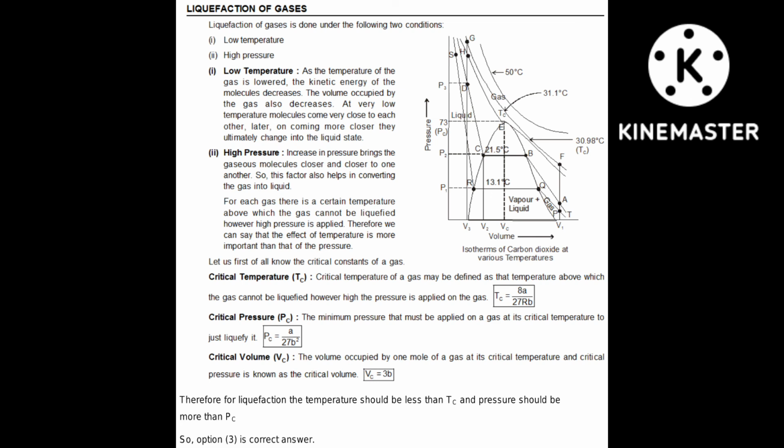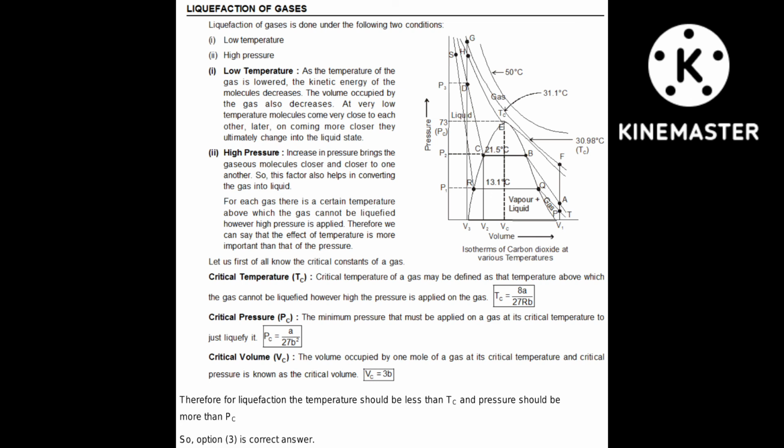Nitrogen: temperature 126 Kelvin, pressure 33.9 bar, and volume 0.0990. Oxygen: 154.3 Kelvin, pressure 50.4, and volume 0.0744.